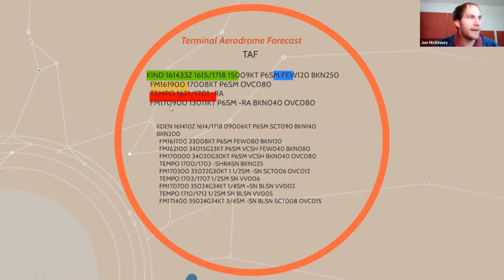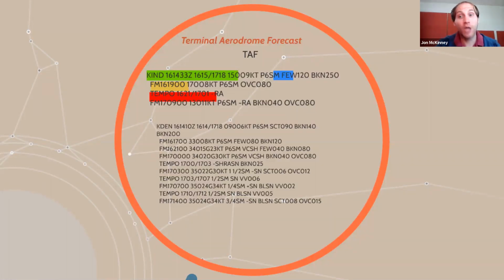So that's like 9 plus 5, a 14-hour period. During the 14-hour period from 19 Zulu to 9 Zulu the next day, we are seeing the forecast to be 170 true winds at 8 knots. P, greater than 6 statute mile visibility, overcast 8,000 AGL.